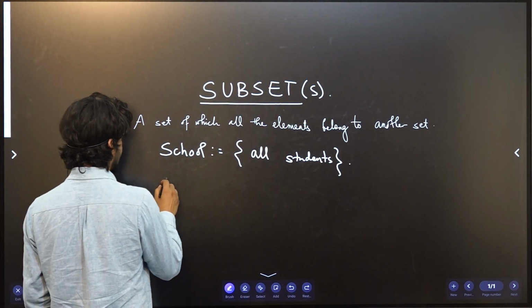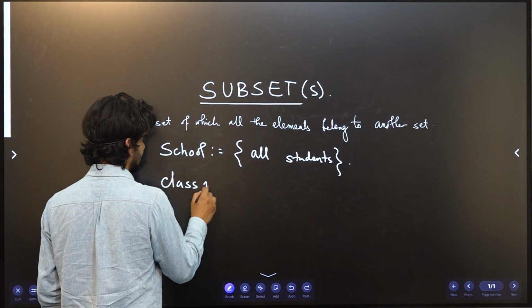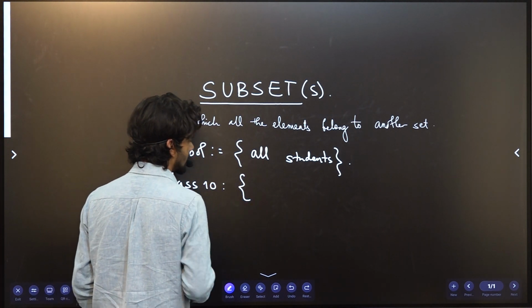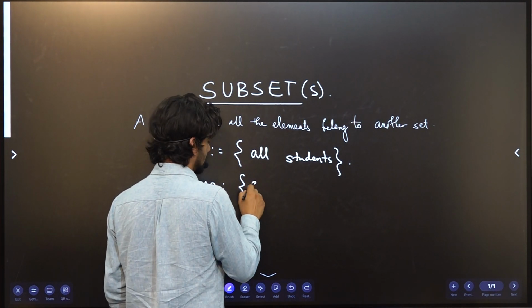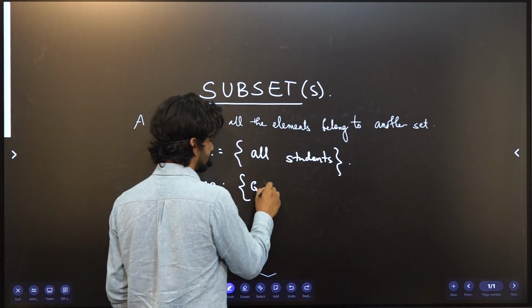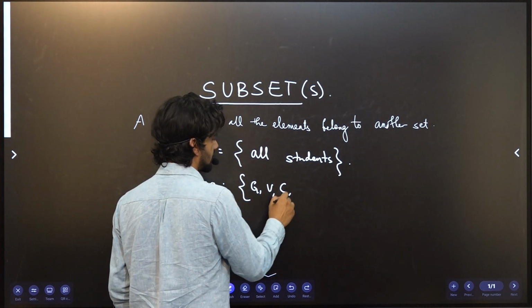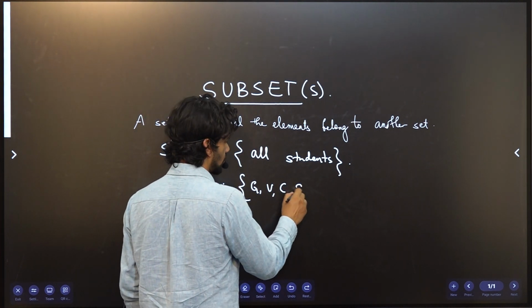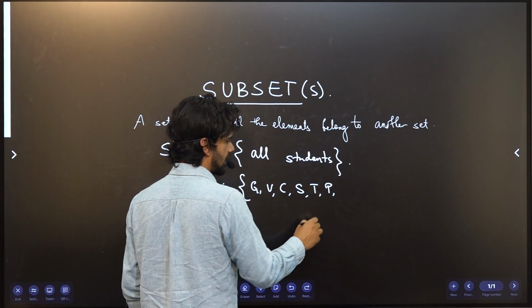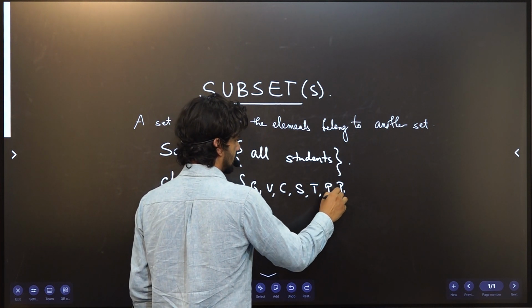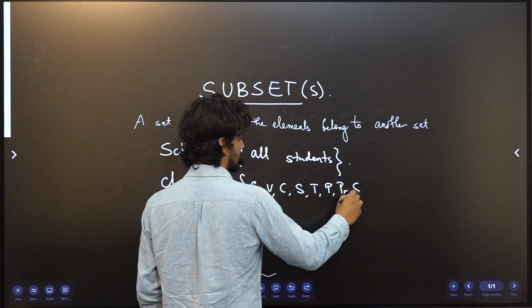And then if I say class 10, I will write down the names: Ghanasham, Vishal, Cosme, Sujata, Tulsi, Pushpa, Praveen, Sagar.